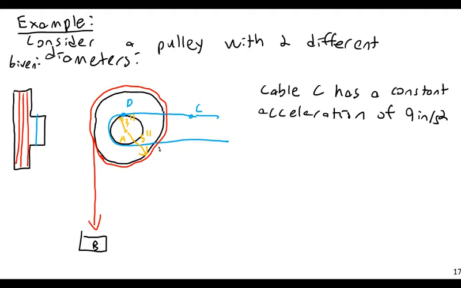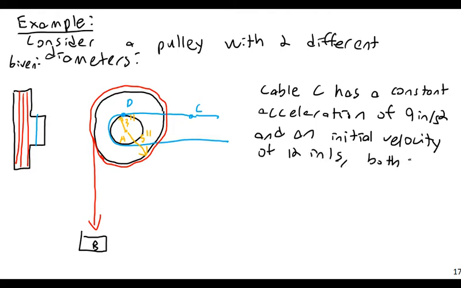And so also an initial velocity of 12 inches per second, both to the right. But yes, to the right would also indicate that it's a linear acceleration.